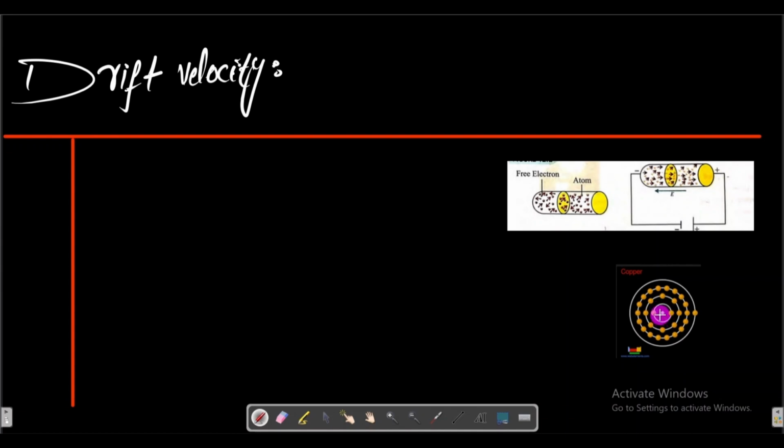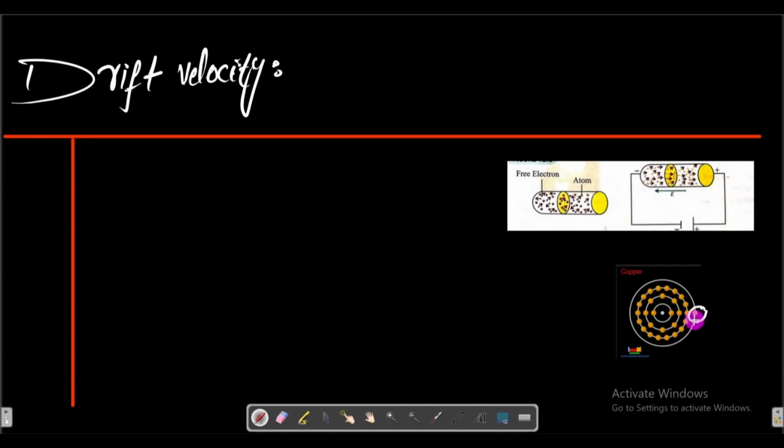The force of attraction on the near electrons will be more, and as compared to this, it will be less on the outer ones. So the electrostatic force of attraction will be very low on the last electron of this copper atom from the nucleus. Therefore this valence shell electron is considered to be a free electron even at room temperature.